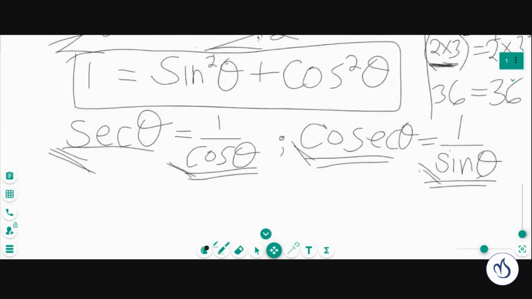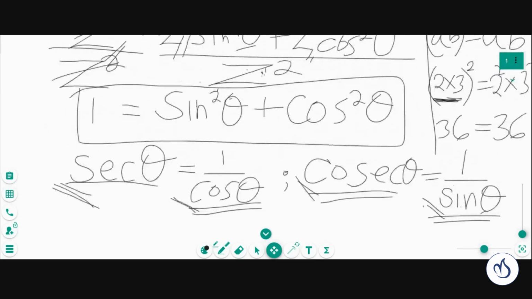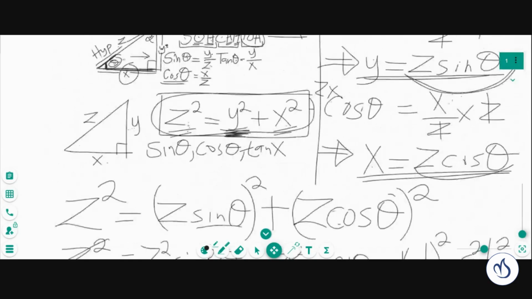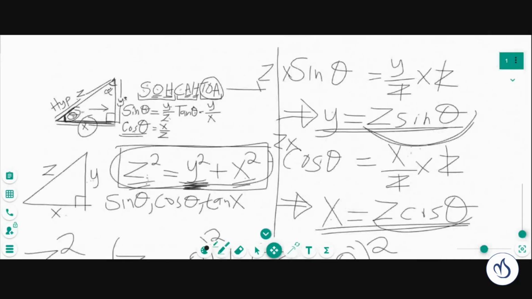So in all that we have done, what is very key that you should have is SOHCAHTOA. You should know SOHCAHTOA. We are going to use it all the time.